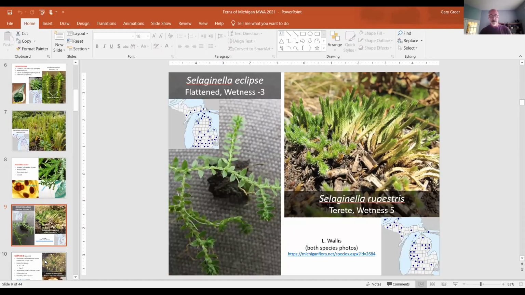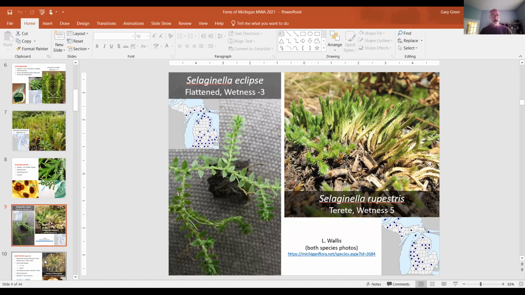So how about a couple of examples from Michigan? On the left is Selaginella eclipsis, which ironically, I have not personally found in Michigan. I've tried, but I couldn't find it despite its frequency. You can see it has a rather odd, somewhat disjunct distribution.